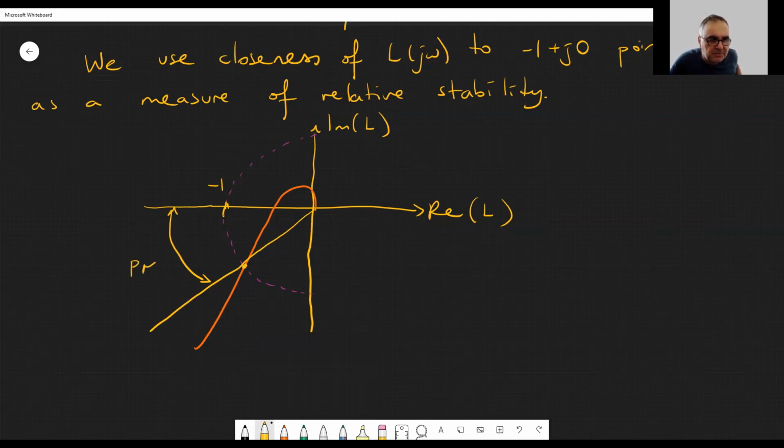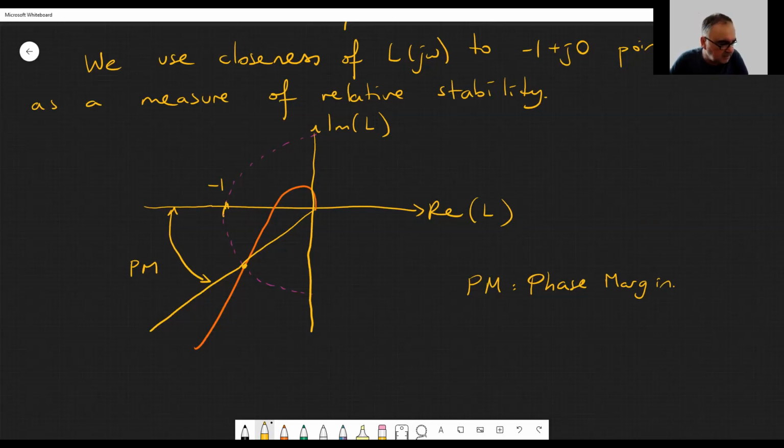This is called the PM, the phase margin. The larger this phase margin is, the better for you, okay? Because you are far away from getting close to this -1 point.